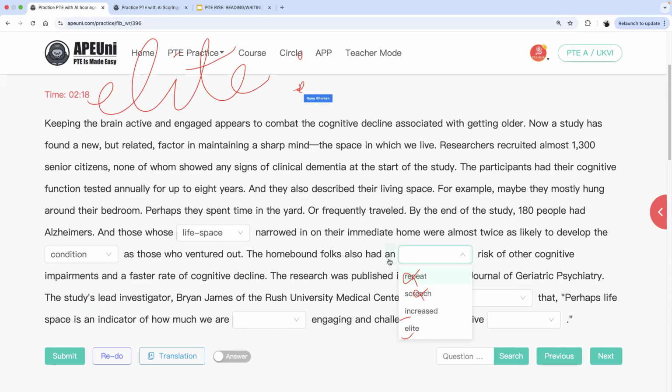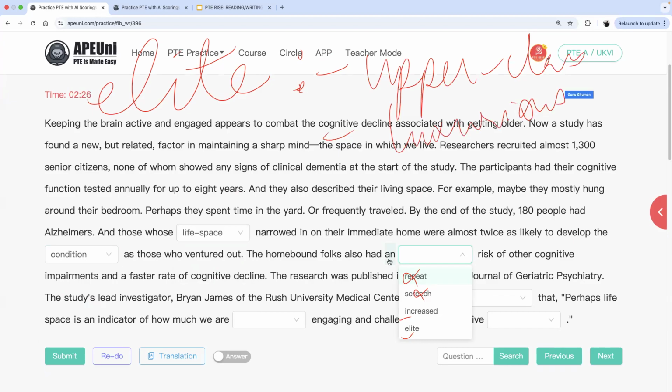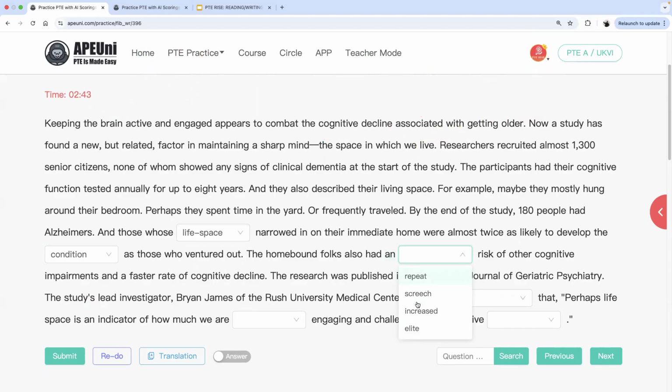This means upper class or very luxurious. Elite people are rich, like the cream of society. The people with higher standards are called elite. Okay. So can we say elite risk? Increased. So we'll say increased risk. They just check whether you know the meanings of the words or not.